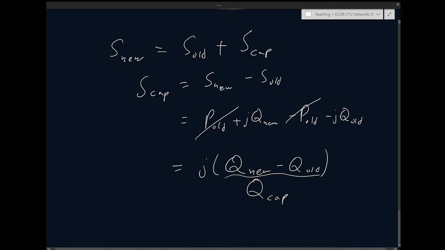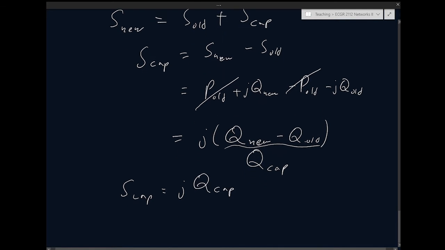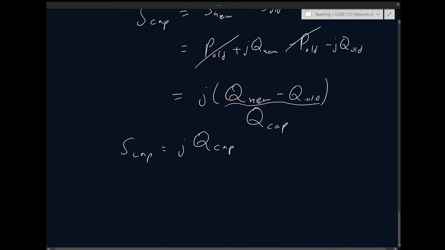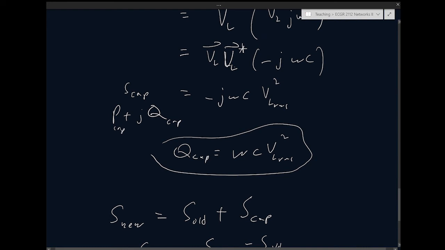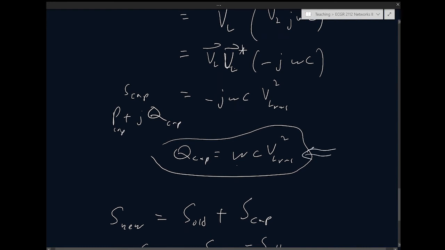The only thing that makes Q new different from Q old is the existence of the capacitor, which is providing the difference between the old and the new reactive power. So we can say S cap equals j Q cap, right? And as we derived previously, Q cap is this.